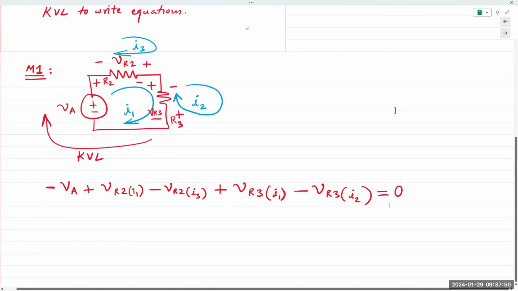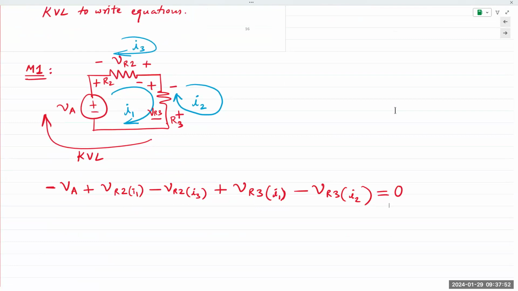So mesh current analysis, similar to node voltage analysis, we apply a certain technique to obtain equations, and then we solve for the unknown variables. In case of node voltage, we applied KCL to write down our equations. In case of mesh current analysis, we use KVL to write down voltage equations and then solve for the unknown variables.